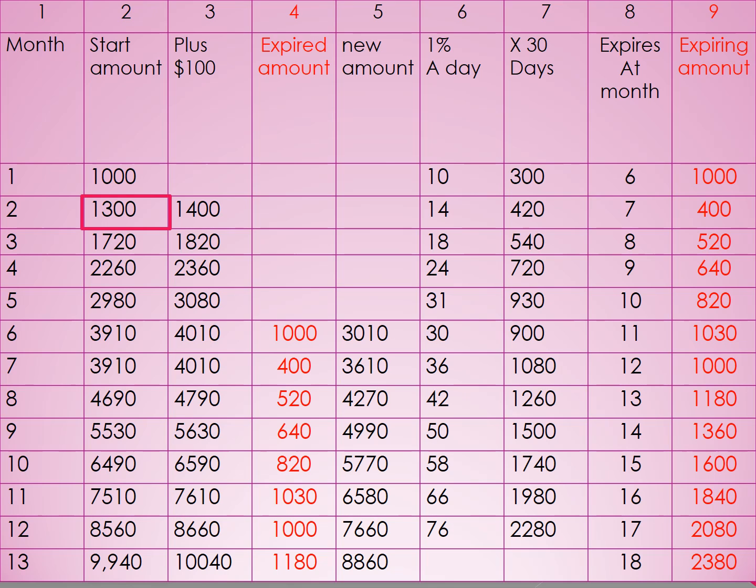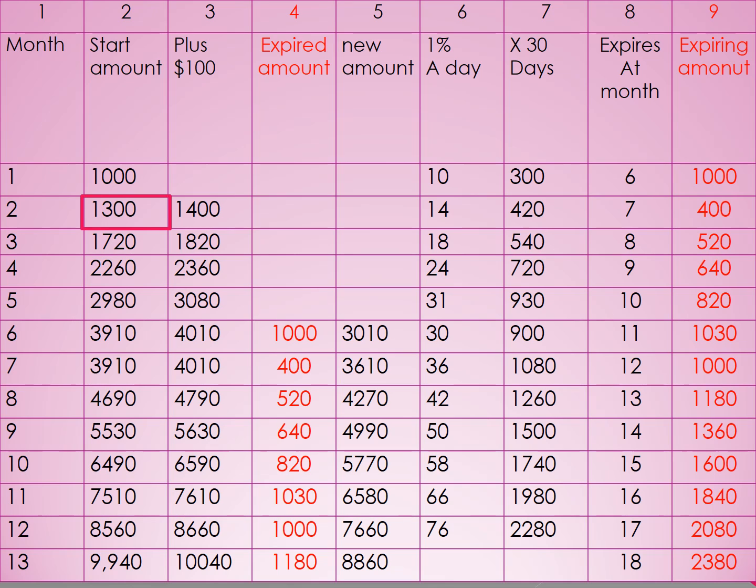Your initial investment of $1,000 plus your profit sharing from month 1 equals $300. So you add those two together for $1,300. So now you're going to get paid on the amount of $1,300 even though you've only invested $1,000 out of pocket.